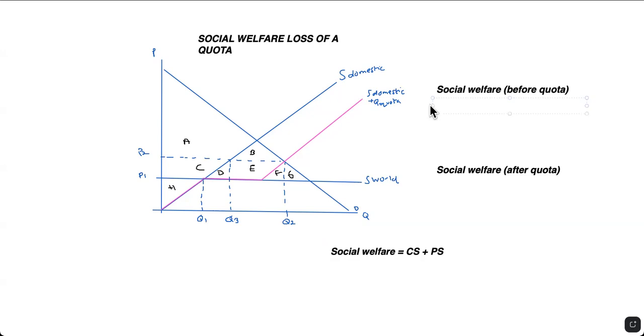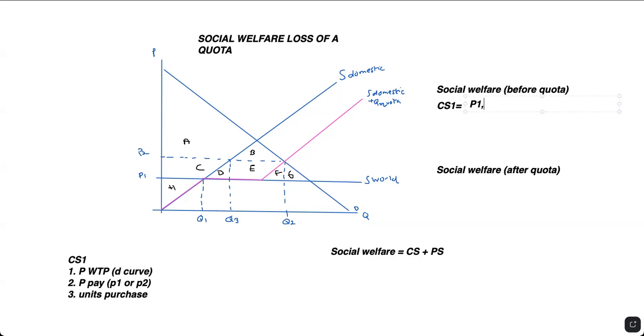All right, so consumer surplus, if you remember, we want to take a look at three things. We want to take a look at the difference in the price that they actually are willing to pay, which is shown by the demand curve for the domestic country, the price that they actually pay, which was P1 but is now P2, and the units that they are able to purchase. Okay, so initially the price was P1.